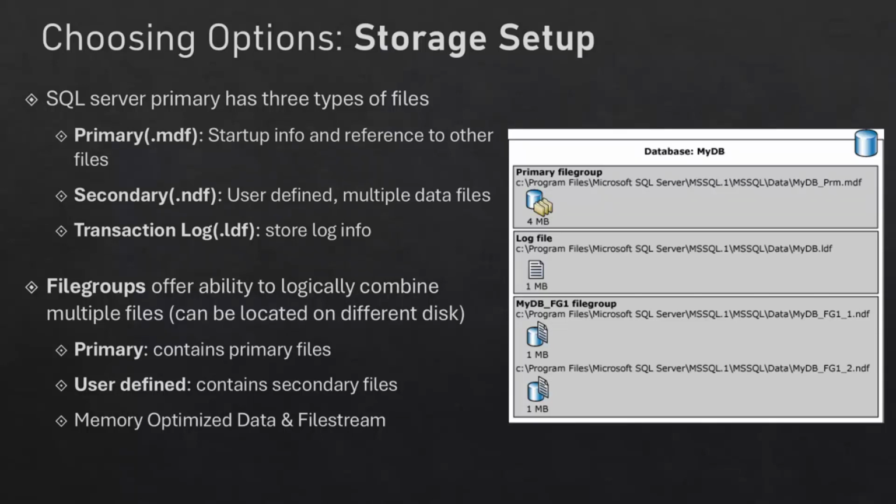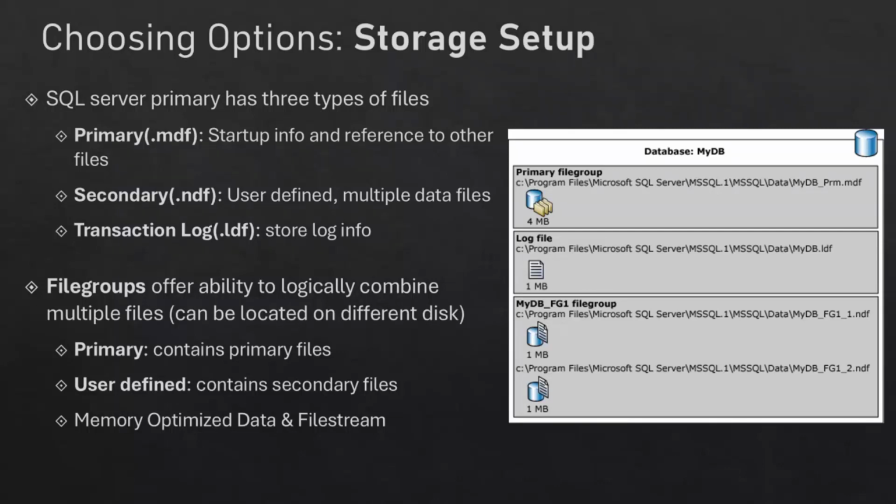So basically, a user-defined file group contains secondary files, and those are all the files which your database will use to store data. And if you're using multiple disks, you will be able to read a lot faster because it could do parallel reading from different disks, right?